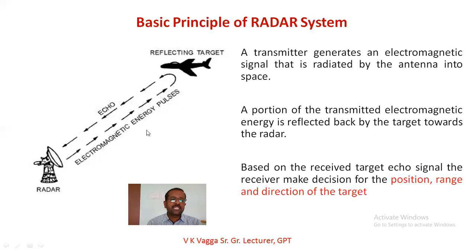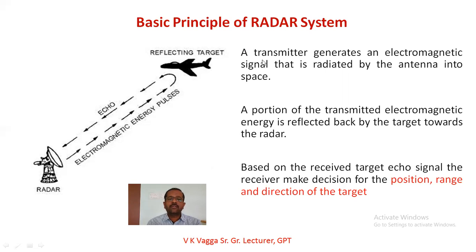The radar sends electromagnetic radiations into space, they are reflected by the target, and the echo signal is received again by the radar. Based on the received signal, it can detect the actual position, range, and also the direction.